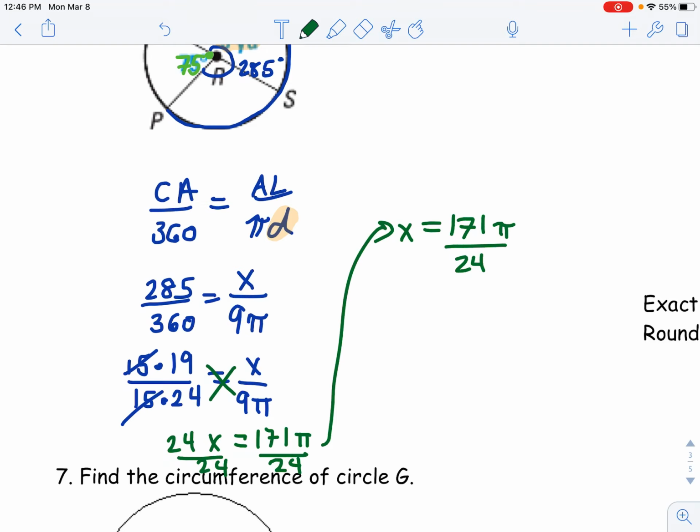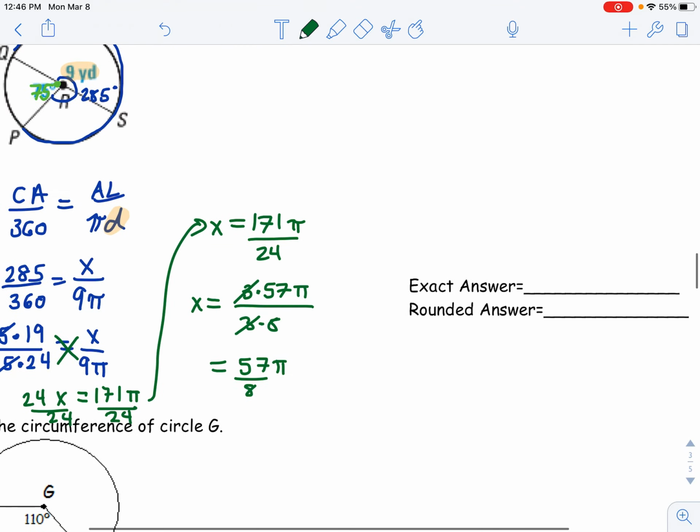Actually, they do. Silly me. All right, you can factor out a 3 from both the numerator and denominator. 57 pi over 8. So again, this one required some intense reducing of fractions, hopefully not that bad in the future. So exact answer is 57 pi over 8, which rounded is about 22.4.